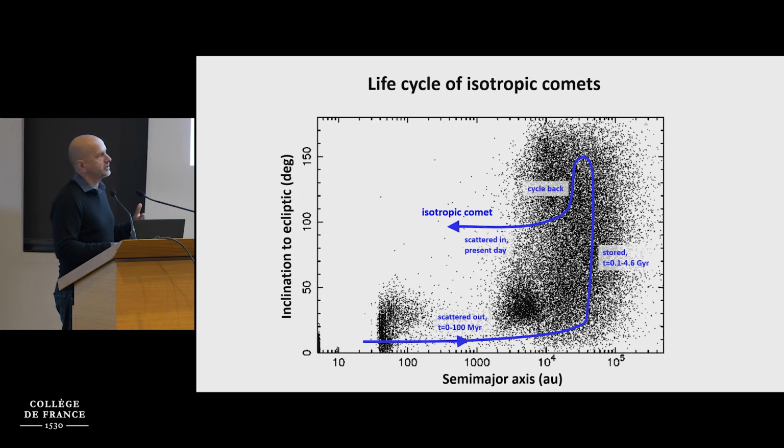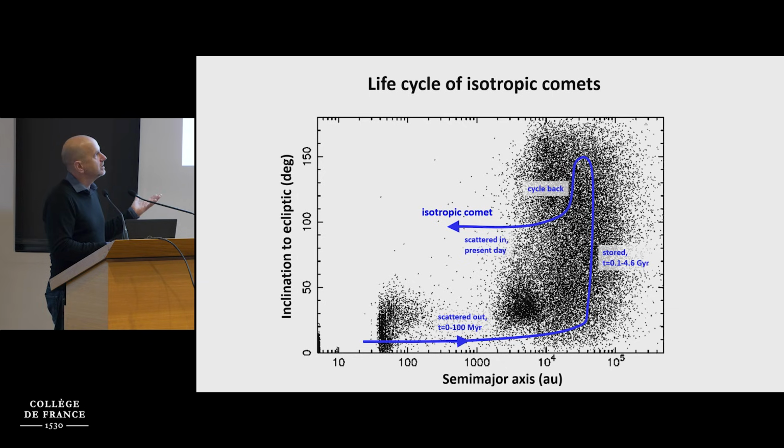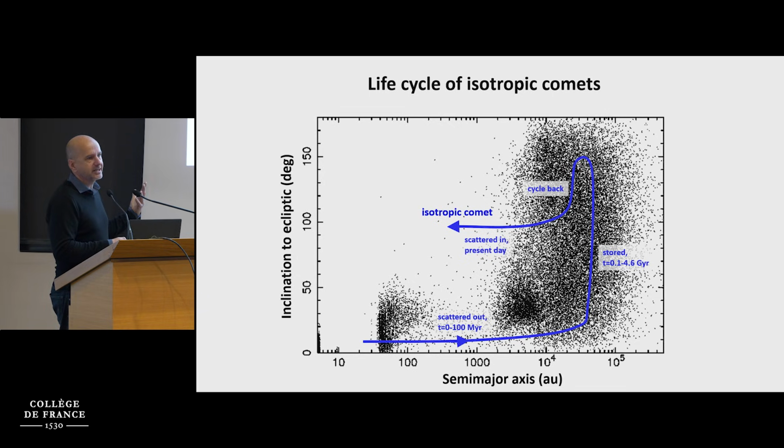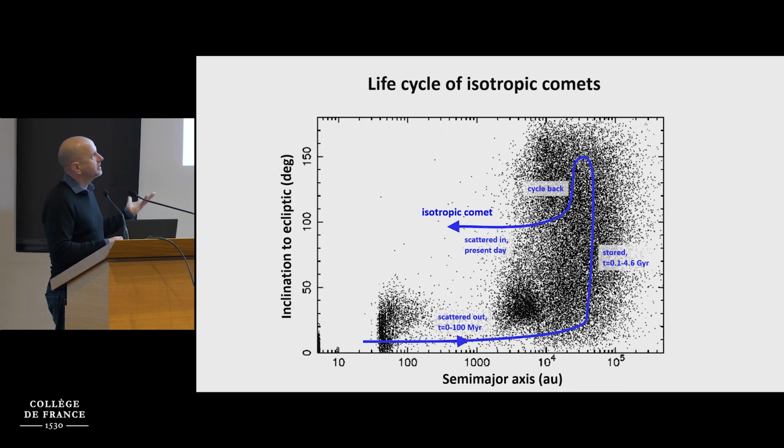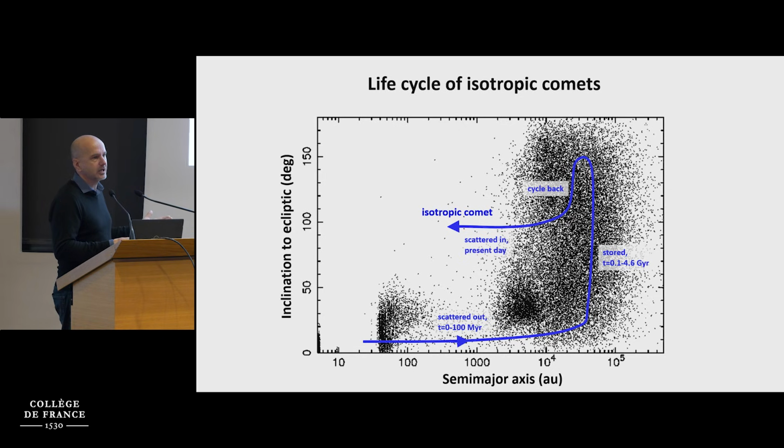Then the body is stored there for up to 4.6 billion years. And then, just by chance, it evolves back by the effects of the tides, gets scattered by the planets again, and arrives on a cometary orbit that has a very large semi-major axis and very large inclination. It becomes an isotropic comet.